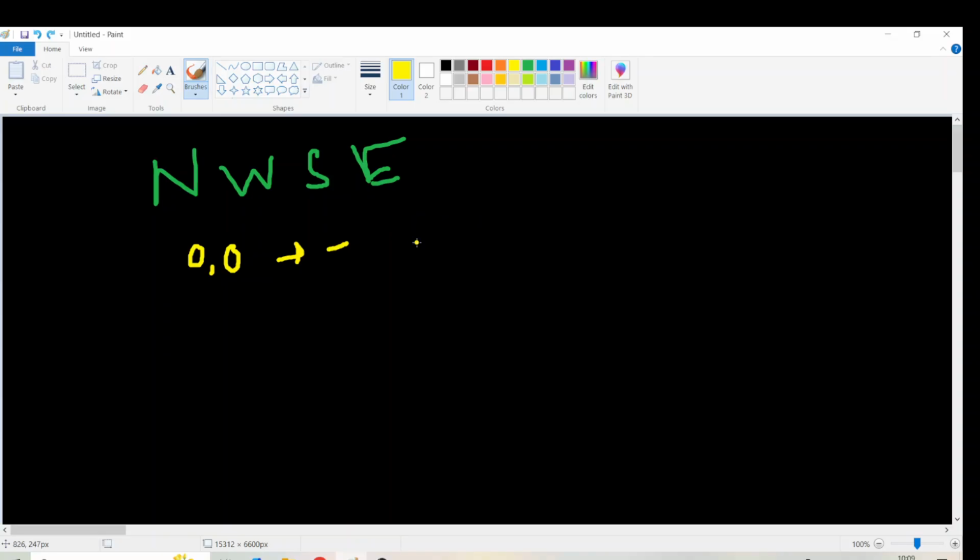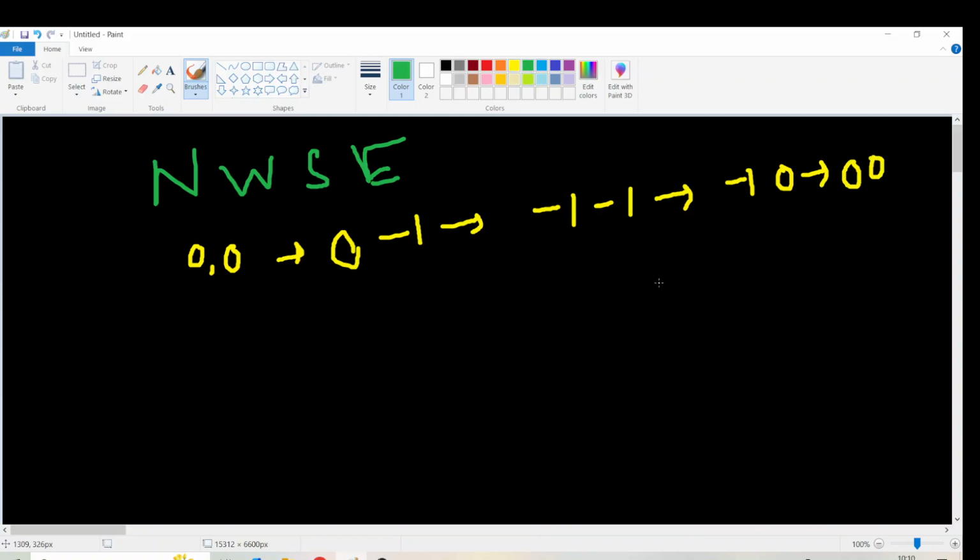So this will be minus 1, minus 1, because y coordinate is decrementing for north, and for west our x coordinate is decrementing by 1. Now for south our y coordinate will be incremented by 1, so this will be minus 1, 0. And for east our x coordinate will increment by 1, so this will be 0, 0. So from 0, 0, we again got to 0, 0.